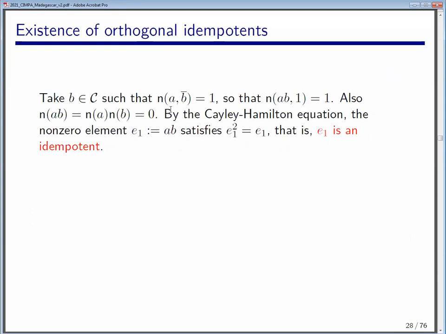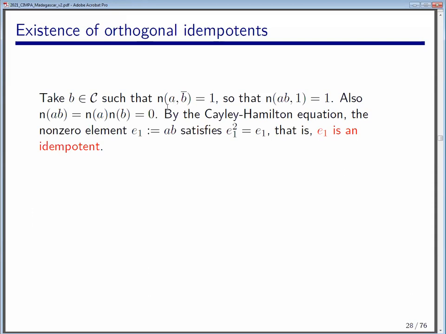Now, since the norm is bilinear, it's quite easy to find an element B such that the polar form applied to A and B bar is 1. Now, remember that we can move things to the other slot, adding a bar. So we can move B bar to the left, adding another bar, but 2 bars is the identity.